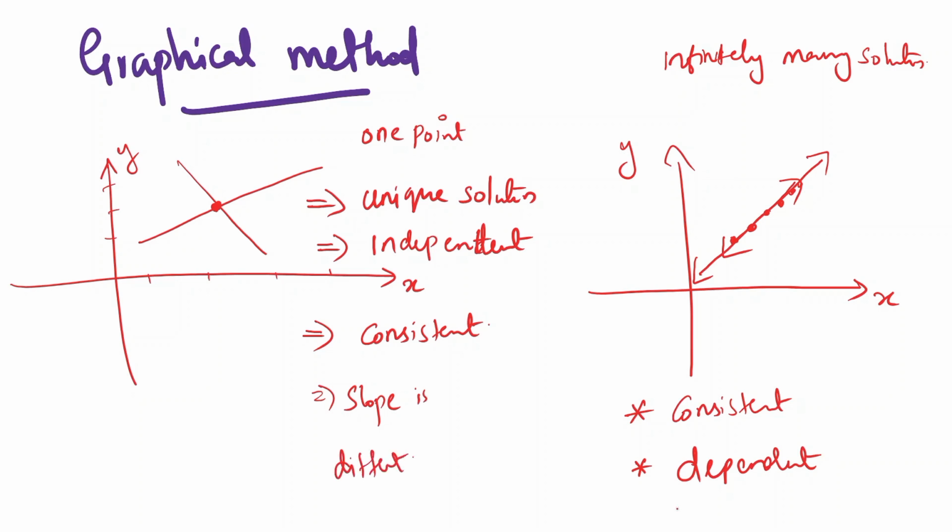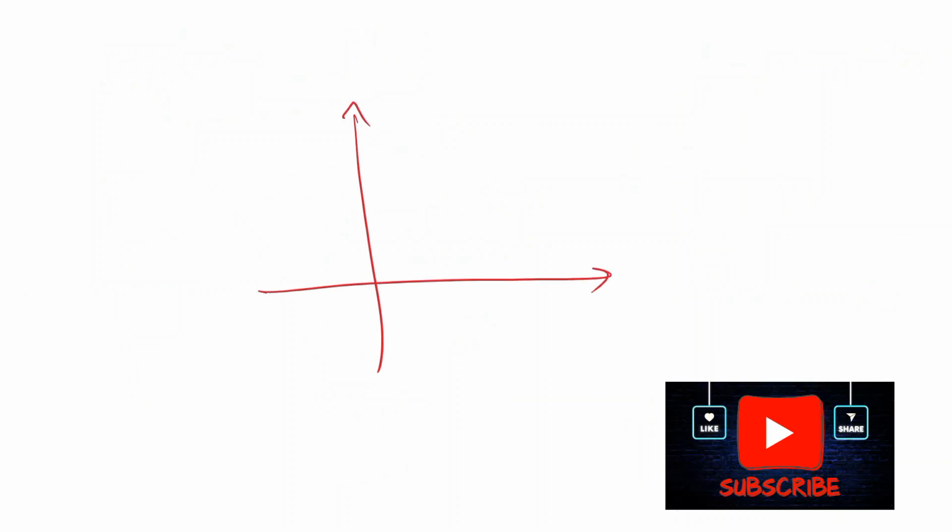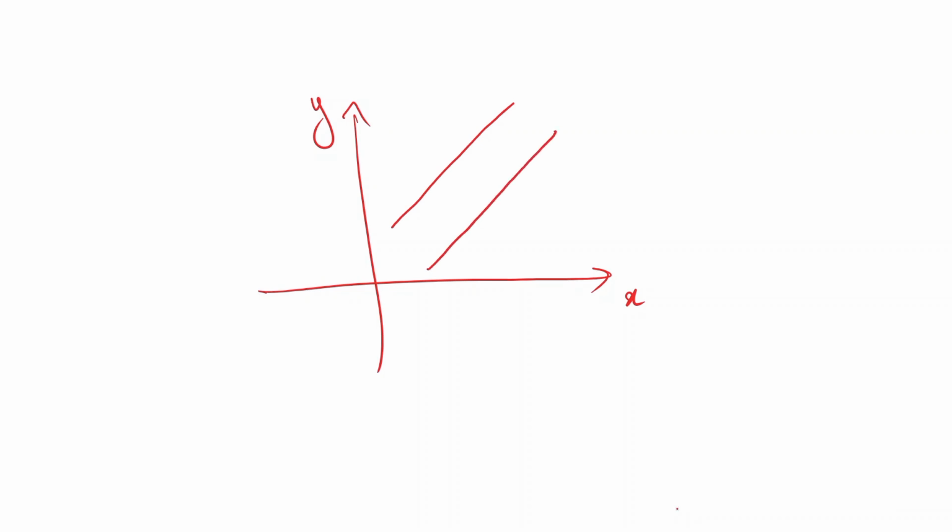And there is one more chance. If you are drawing two lines on the x-axis and y-axis, there is a chance of drawing these lines parallel to each other, right? They never meet each other, so we don't get any solution. So there is no solution for this system of equations, and we can say it is inconsistent. And they have different y-intercepts. You know what a y-intercept is?